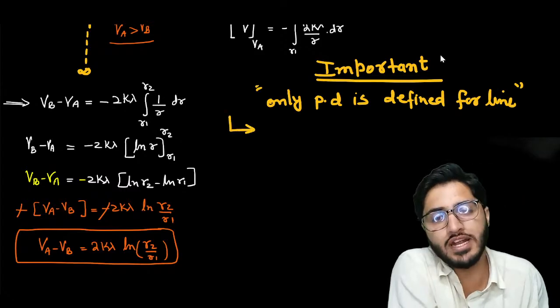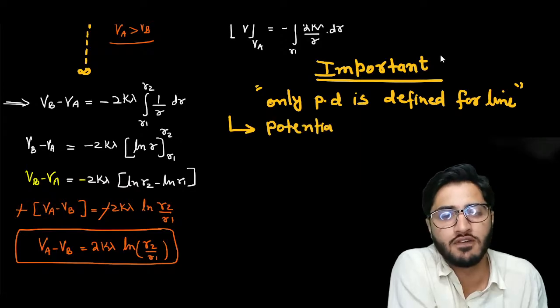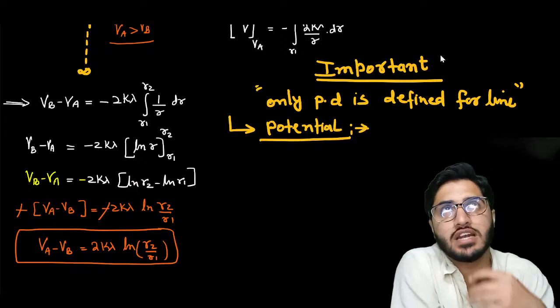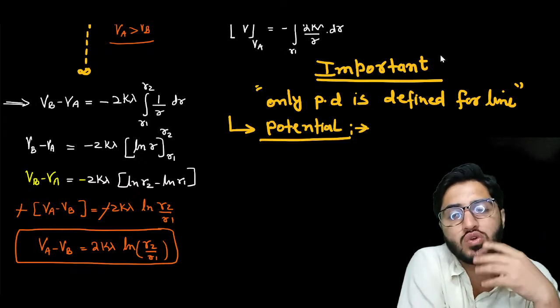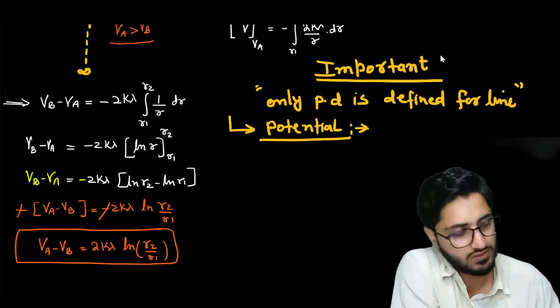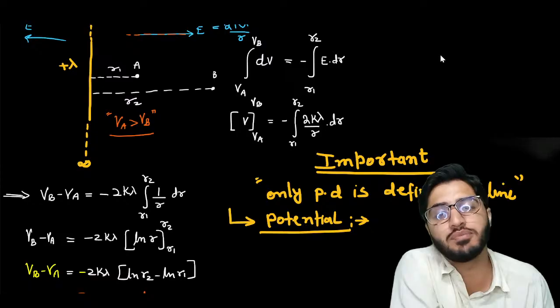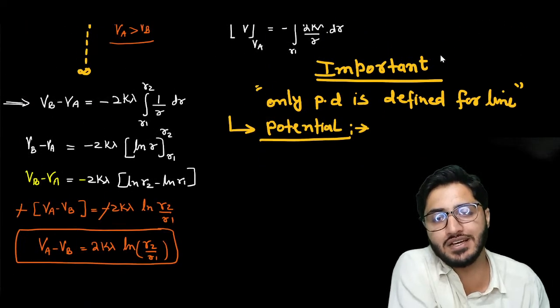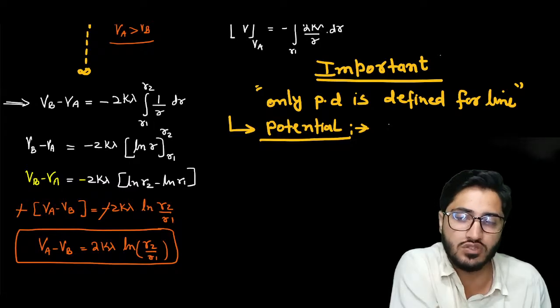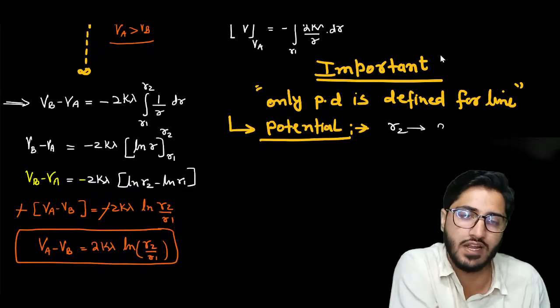If you want to define potential, from previous classes we know that we take one point as infinite. So I will take point B at infinity. If I need to define potential, I will write R2 tends to infinity.